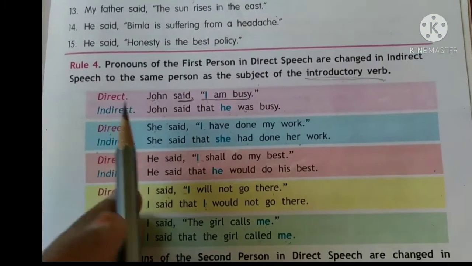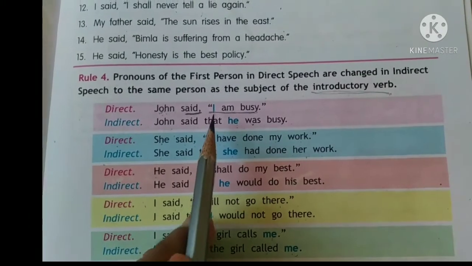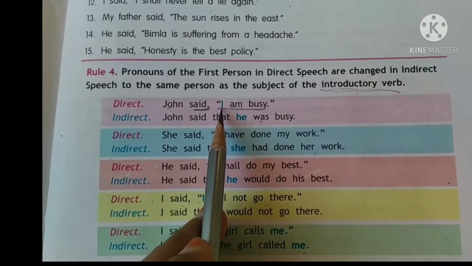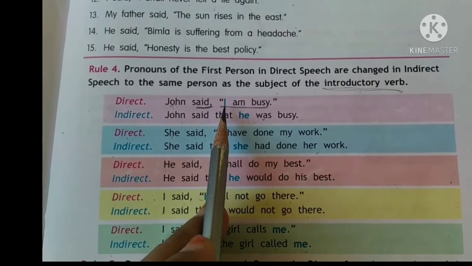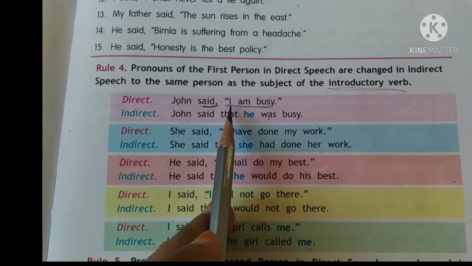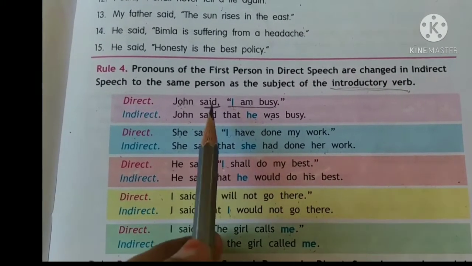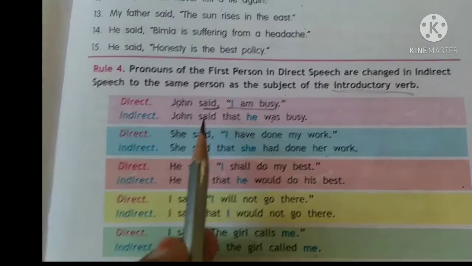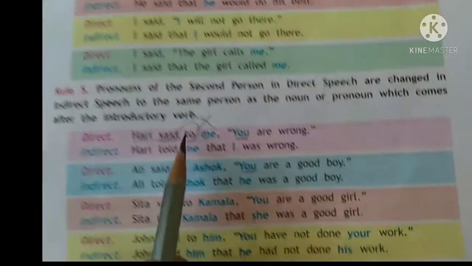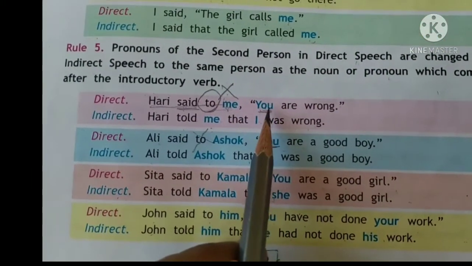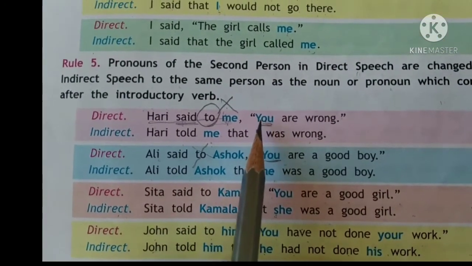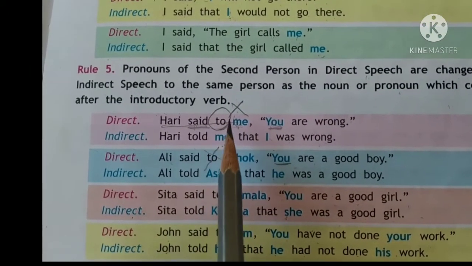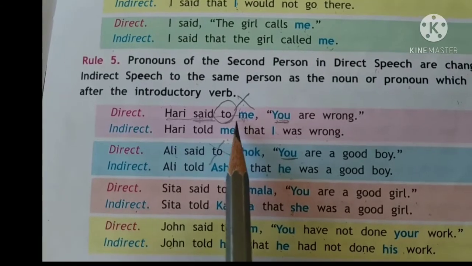As we learned in the previous video, if the reported speech starts with the first person, then that I in that speech will be changed according to the subject of your reported verb. Then we learned that if the reported speech starts with the second person, that is you, then this you will be changed into the object of the reported verb.